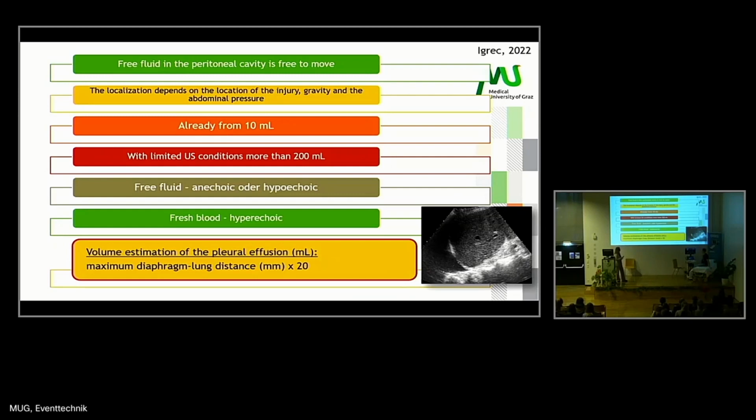Fresh blood is always hyperechoic, and all of these fluid collections can have different echogenic grades. So it can be anechogenic or echo-free, hypoechogenic, or in this case, hyperechogenic. When we want to play a little bit, we can also later, so not in a shock room, try to estimate the amount of pleural effusion by measuring the maximum diaphragm-lung distance times 20.